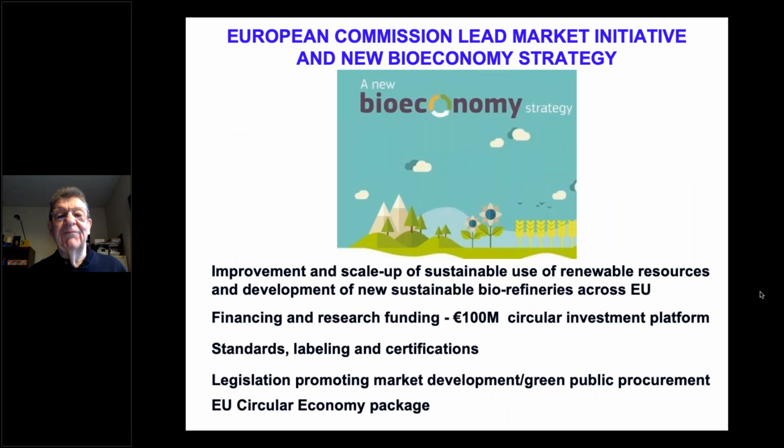So governments are leading this. There's the European Commission Lead Market Initiative, a new bioeconomy strategy to scale up the use of renewable resources and build biorefineries. They're providing some seed funding, standards, labeling, certifications, and legislation promoting market development and green public procurement towards the circular economy process.